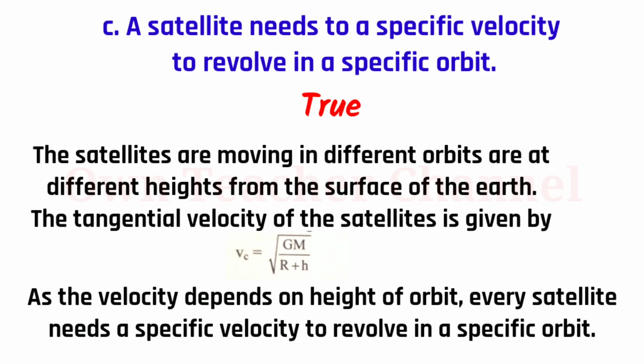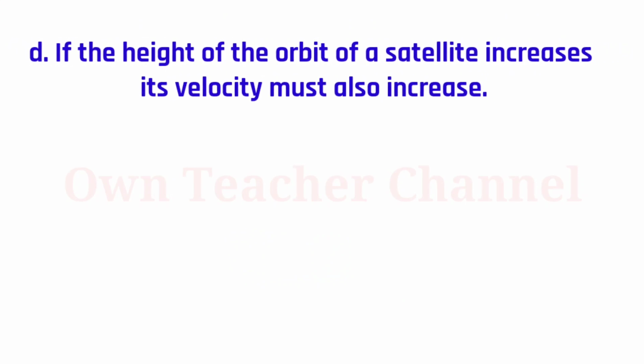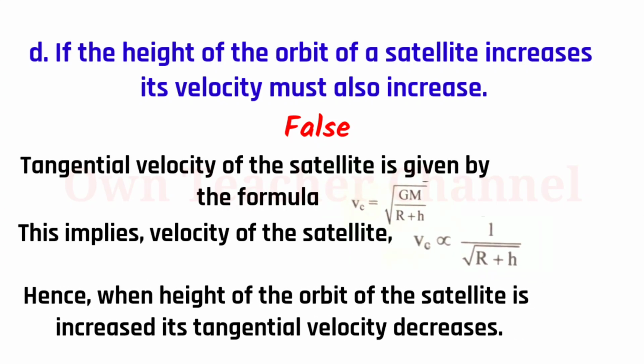If the height of the orbit of a satellite increases, its velocity must also increase. False. Tangential velocity of the satellite is given by the formula √(GM/(R+h)).